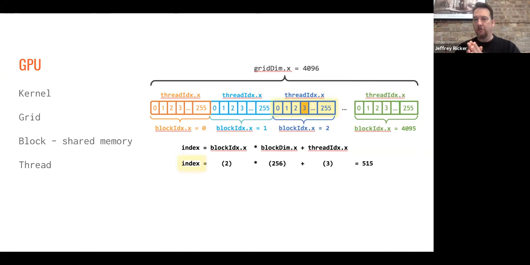It's like your port of entry. For your particular program, you're going to have a grid, and a grid will have a series of blocks, or you can have multiple grids. Your grids can be 1, 2, or 3 dimensional. Your blocks can be 1, 2, or 3 dimensional. And your block is nothing but a set of threads.